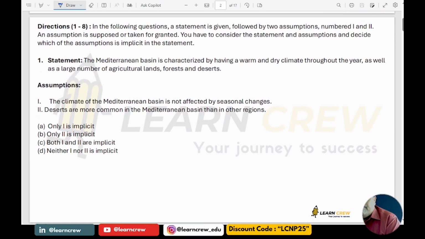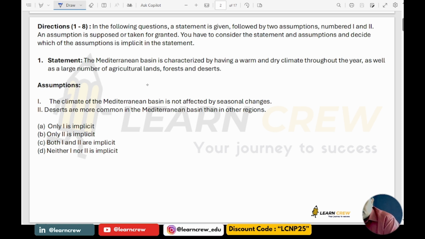When do you say an assumption is implicit? An assumption is said to be implicit if it is not present explicitly in the statement. See the first one: The Mediterranean basin is characterized by having a warm and dry climate throughout the year, as well as a large number of agricultural lands, forests and deserts.